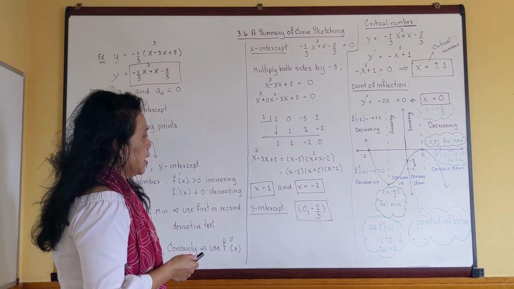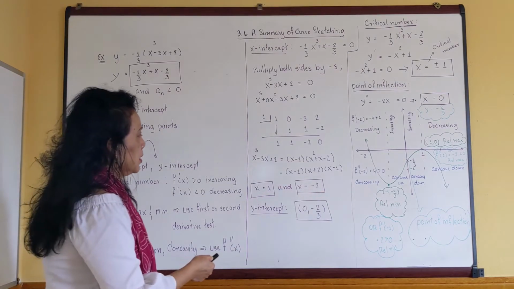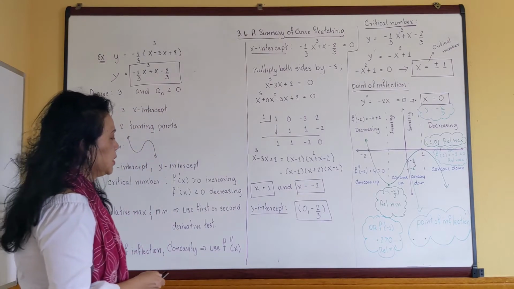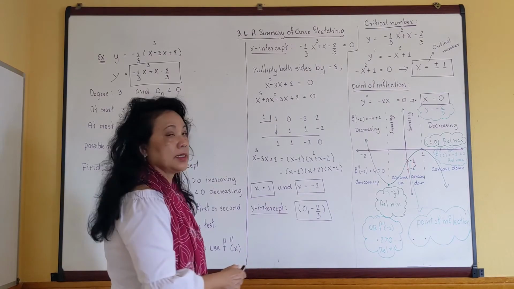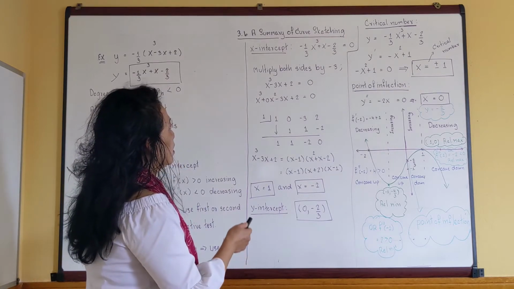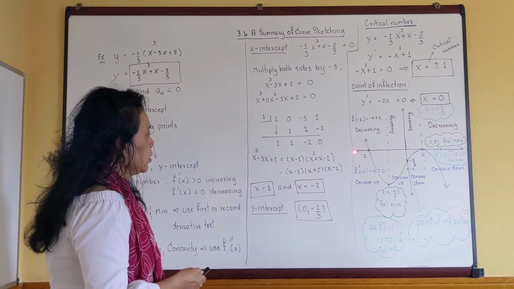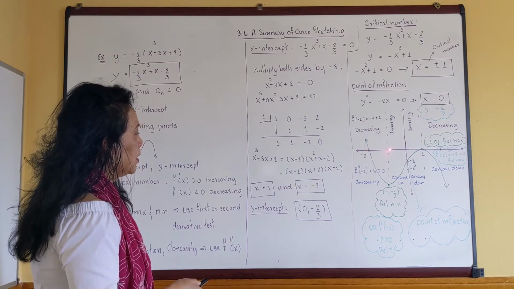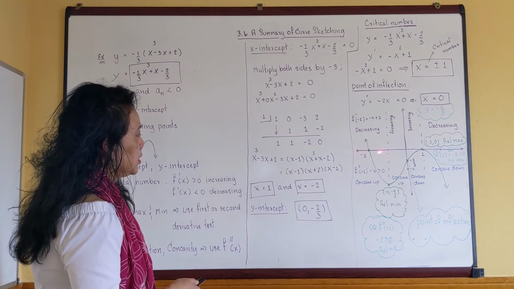Alright, we have the x-intercepts, which is what? Negative 2 and 1. I have the y-intercept, which is 0, negative 2/3. Now I'm going to divide my regions from the critical numbers, negative 1 and 1. If you look at the interval from negative infinity to negative 1, from the first derivative, plug in any number in this region.